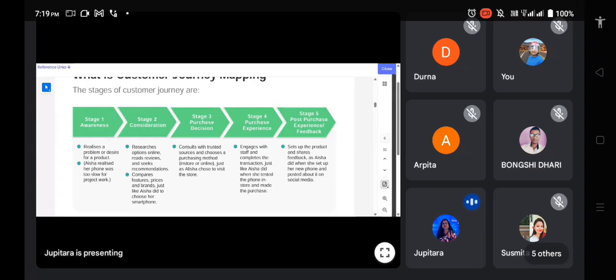The second stage is consideration, where you search on Amazon, you search on Flipkart, you look for reviews of different brands like LG and Samsung, and you look at different options. That is stage 2, consideration. Then you get to know from two of your friends that they have bought, let's say, a Samsung AC, and they give the feedback that the AC is not working properly.